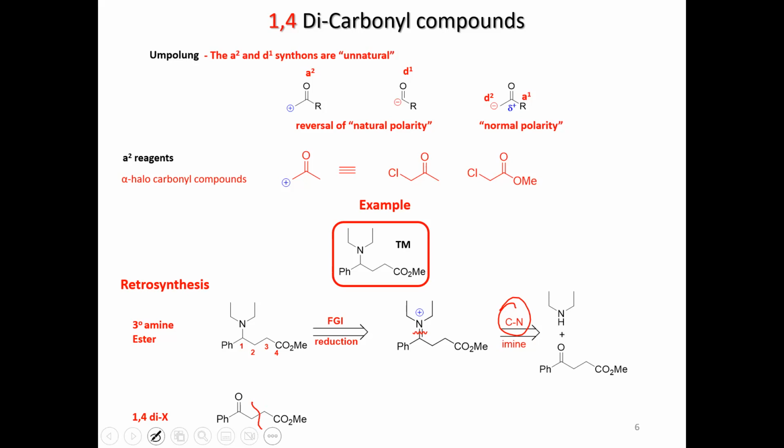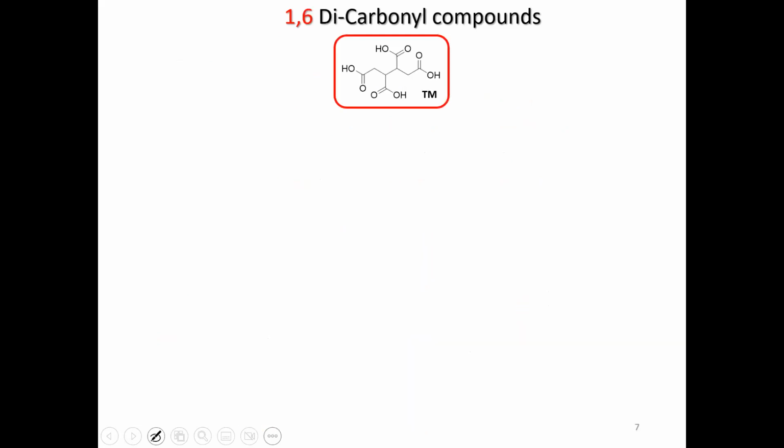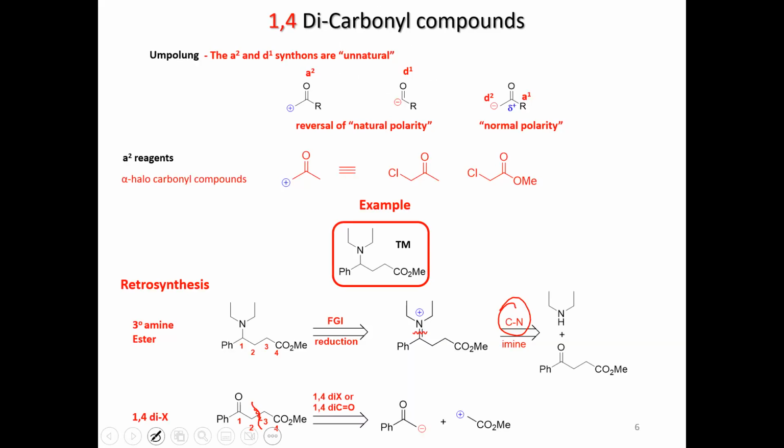But you can choose where to put your alpha halogen or your carbonyl. Probably the easiest way in this case would be to put the alpha halogen on the other side. Sorry about that, I forgot the halogen here.